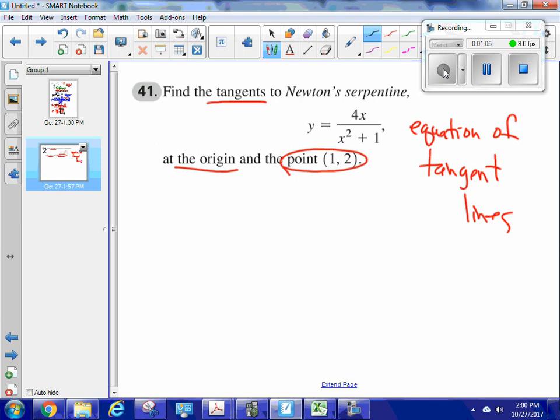So it's a quotient. So I know I have u and v. The quotient rule is u prime v minus u v prime, over v squared. So I'm going to do that.